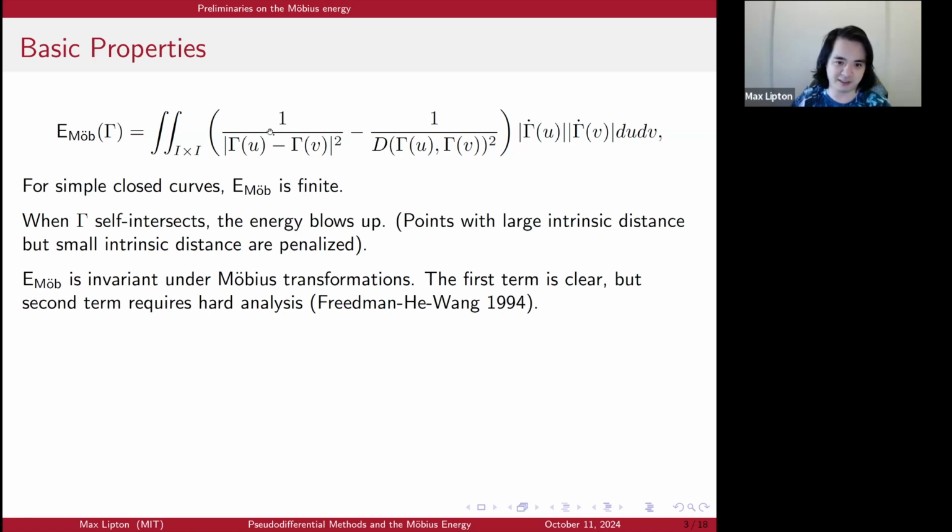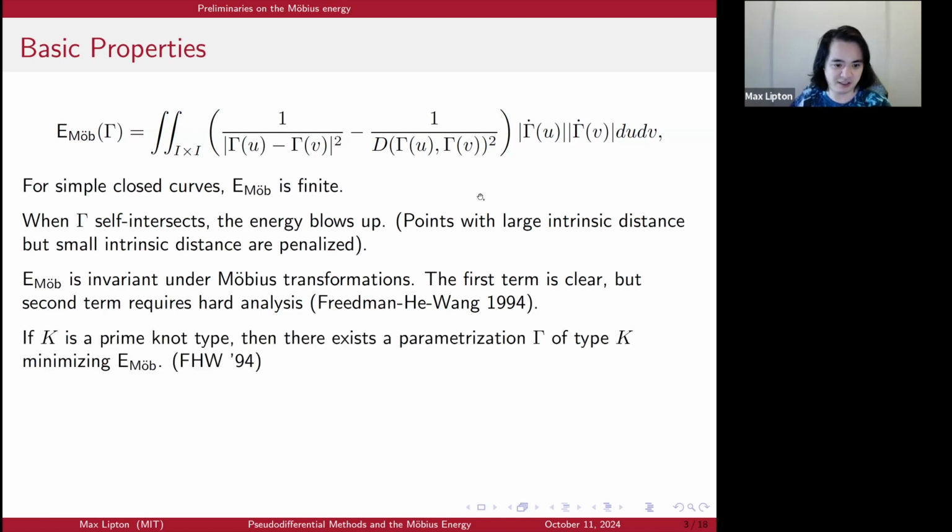So at least for the first term, we can see that there's some invariance. The second term involving the intrinsic distance, which is, of course, highly nonlinear, takes some hard analysis to show invariance of. And again, I'm not going to go into detail on how precisely that was shown.